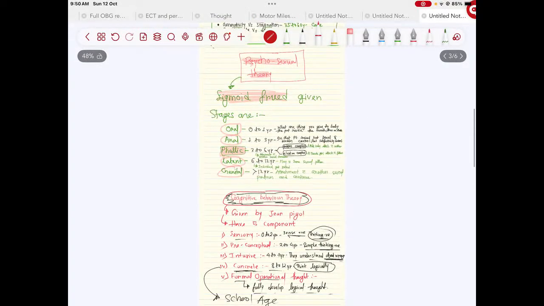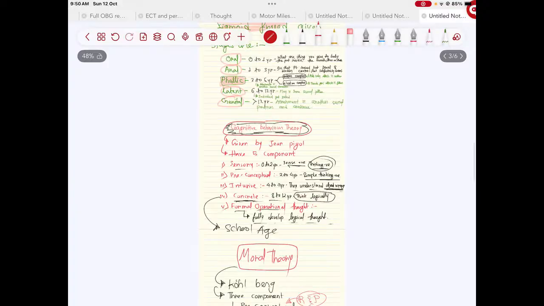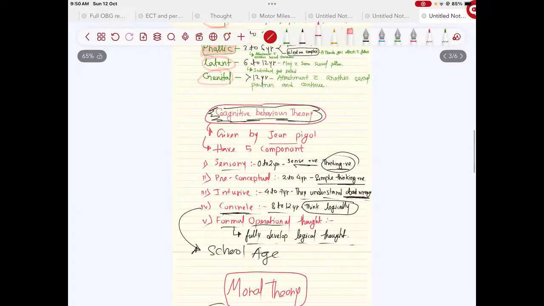And the cognitive behavior theory is given by Jean Piaget. There are 5 components: sensory, pre-conceptual, intuitive, concrete, and formal operational. I already explained all these things. You just read once.